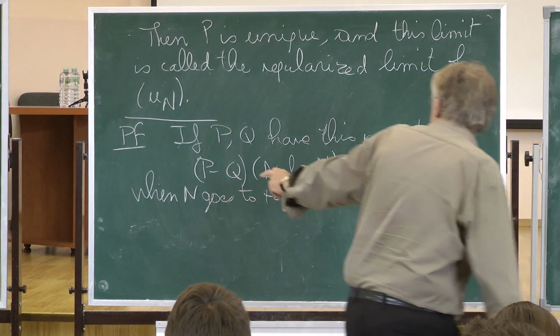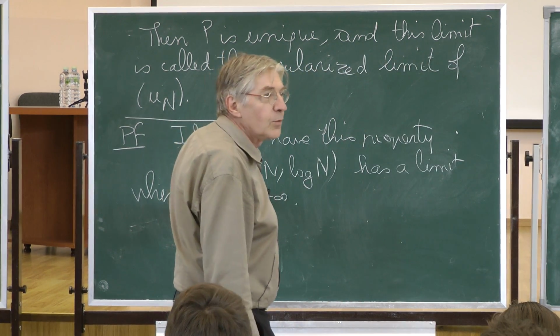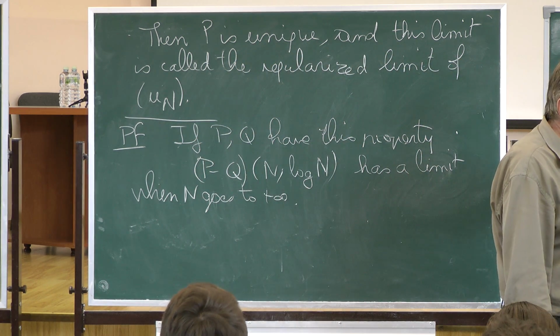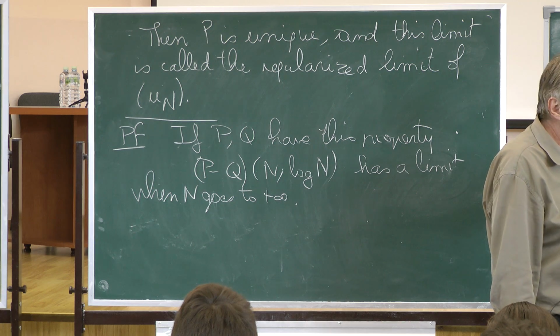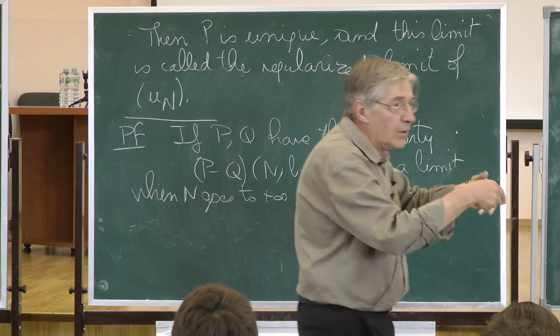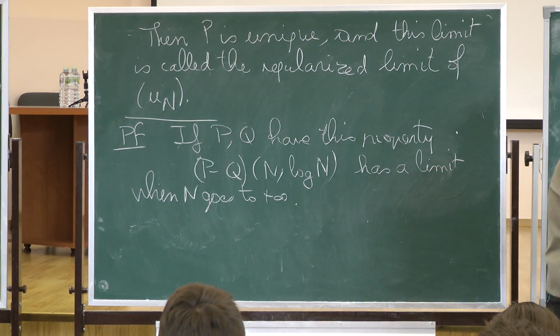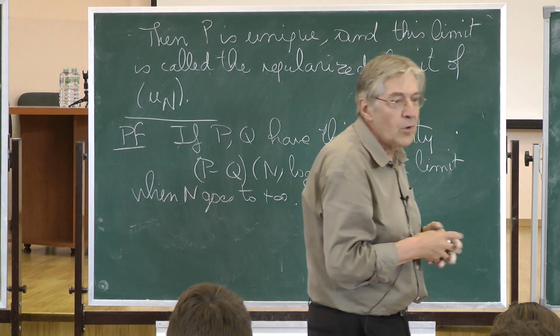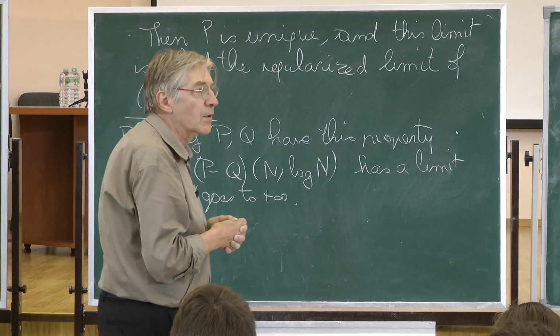Because if P minus Q were not a constant polynomial, you would take in this polynomial the highest power of n and the highest power of log n, and in fact this P minus Q of n, log n would be equivalent, when n goes to infinity, to the monomial in n and log n coming from these two highest powers.